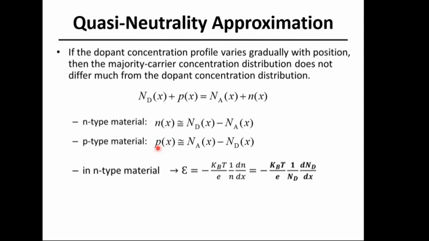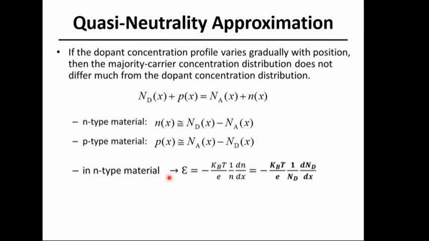The same thing applies if I'm talking about the concentration of holes. It will be roughly the concentration of the acceptor, but then in that case, again, it will be Na minus Nd.